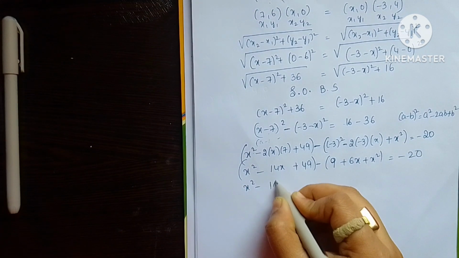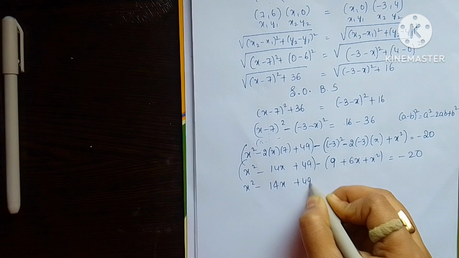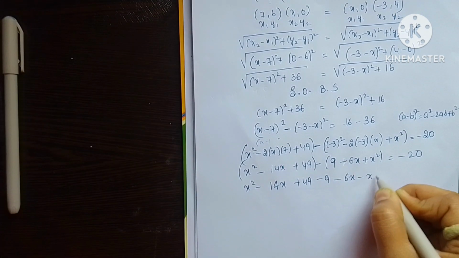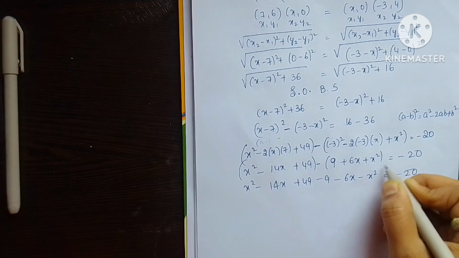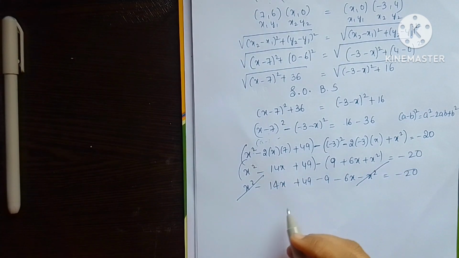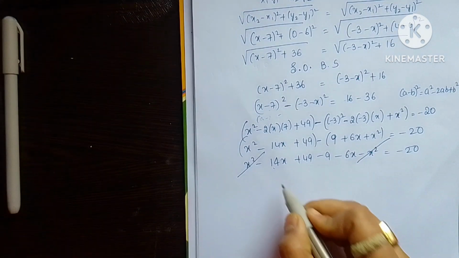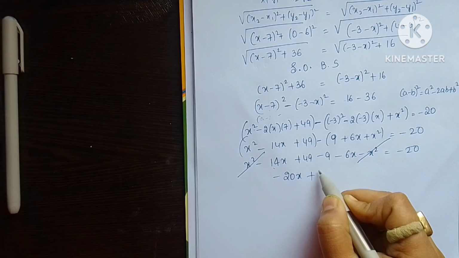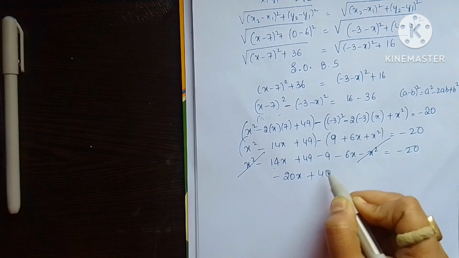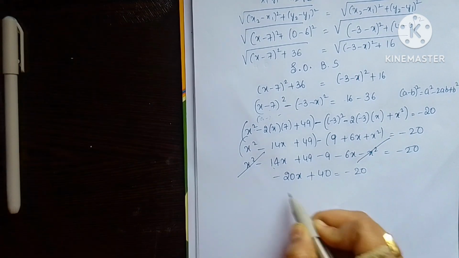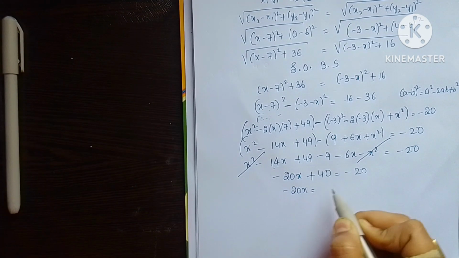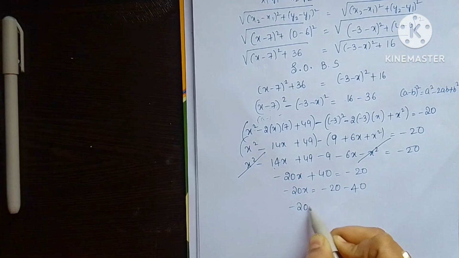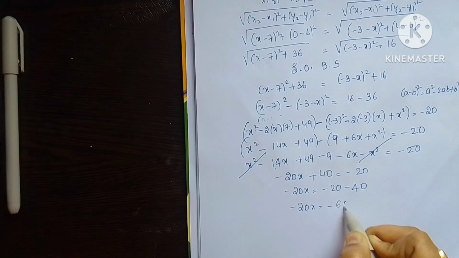So x square minus 14x plus 49 minus 9 minus 6x minus x square is equal to minus 20. Minus x square plus x square get cancelled. Minus 14x minus 6x is minus 20x, plus 49 minus 9 is 40, equal to minus 20. Minus 20x is equal to minus 20 minus 40, so minus 20x is equal to minus 60.